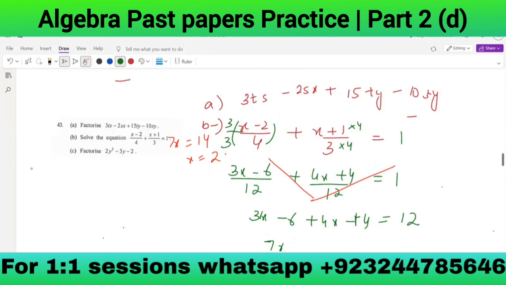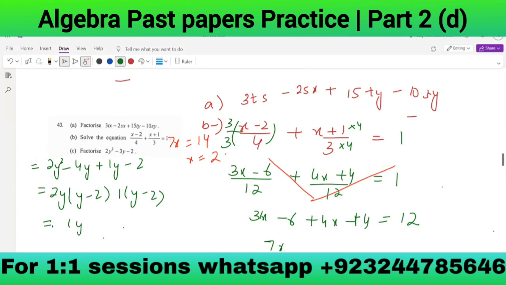So it's going to be, can you write minus 4y plus 1y minus 2, 2y, y minus 2, 1, y minus 2. So you will get y minus 2 and 2y plus 1.